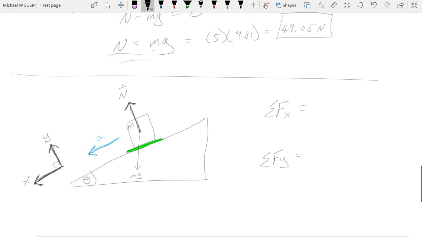And the incline was running parallel to your x-axis, which has to be perpendicular to your y-axis, and so that means the normal force is all in the y direction. And that means I don't have to break my normal force up into any components, because it's all in the y direction.